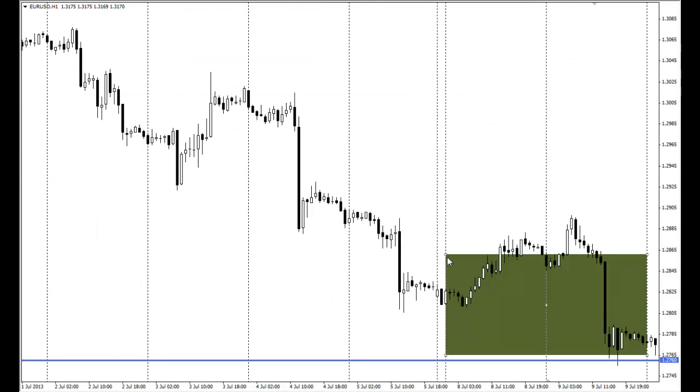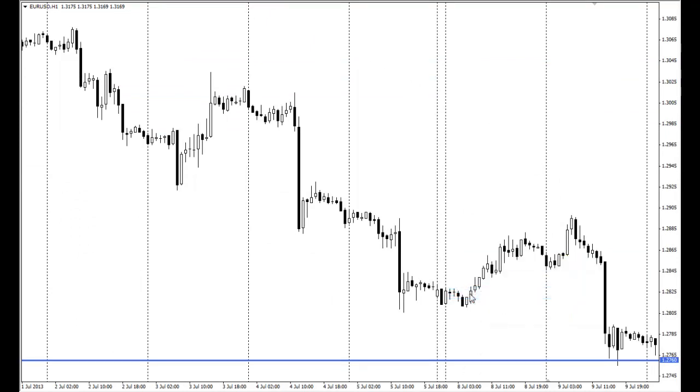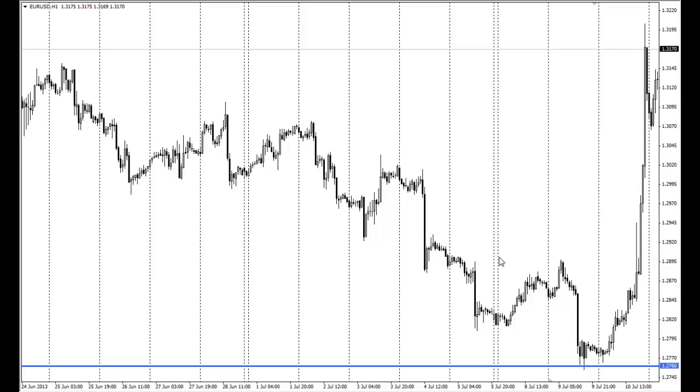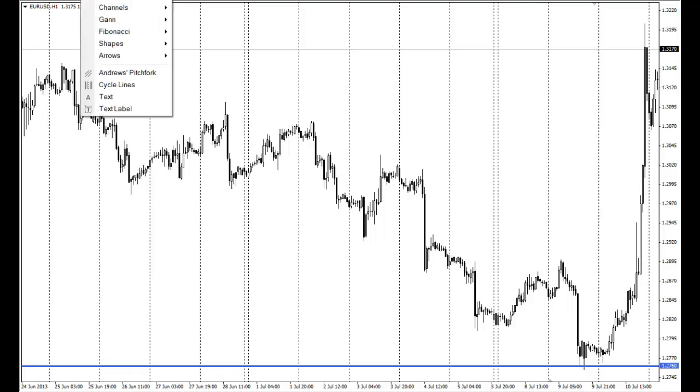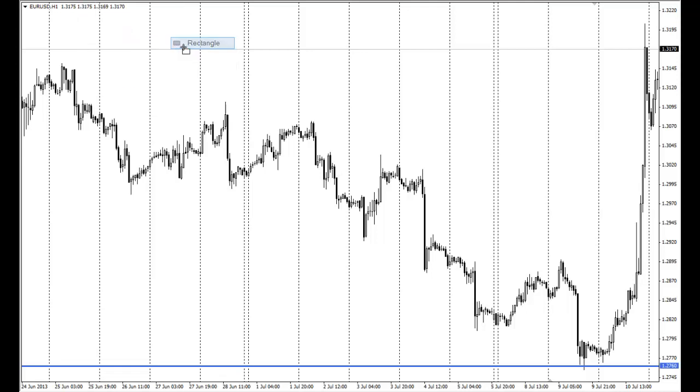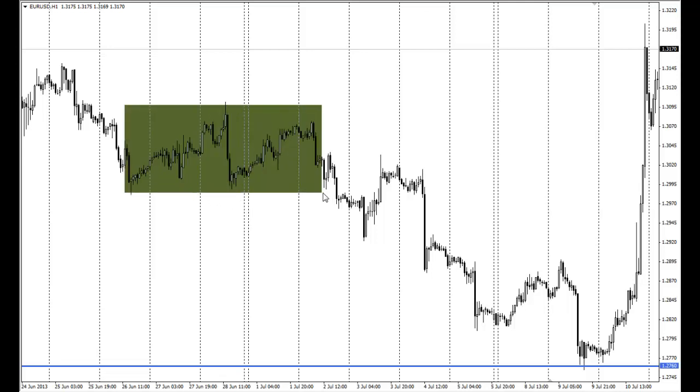All I did was use this to highlight the time. We have the market in a consolidation. The market breaks out of the consolidation and then retests that same consolidation here.